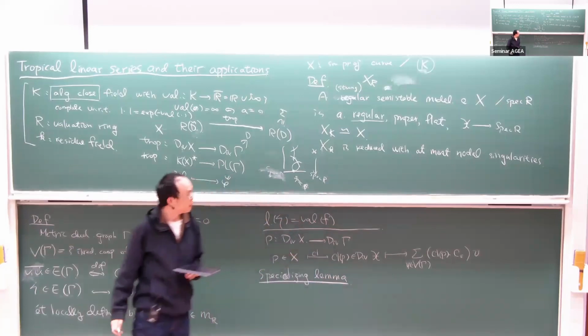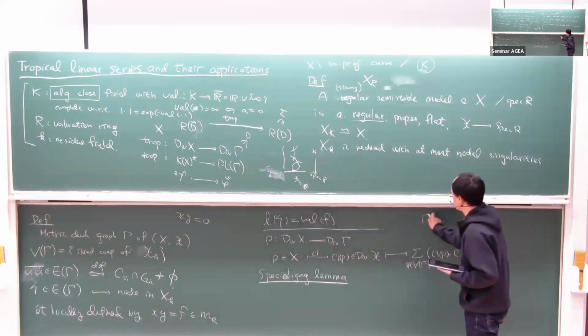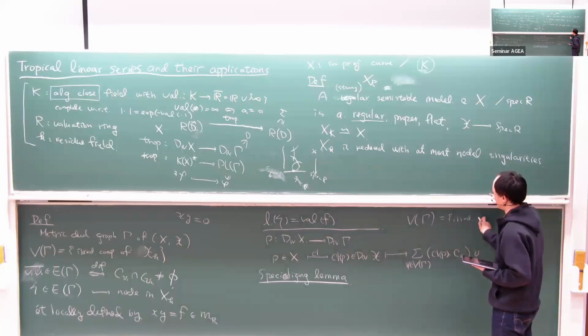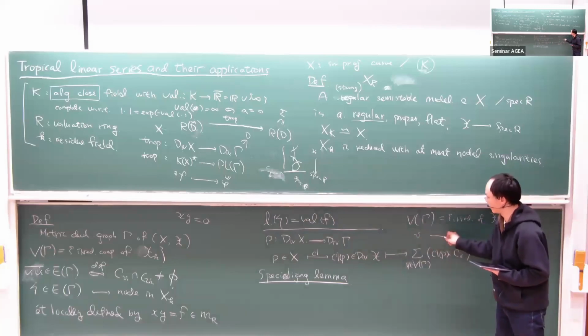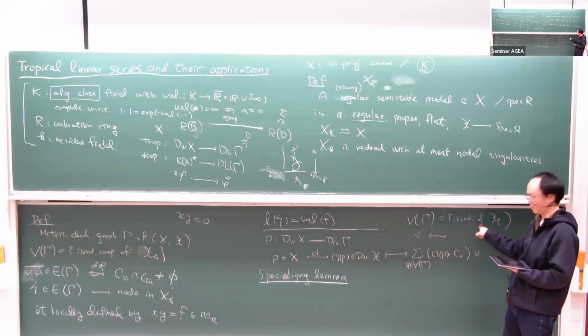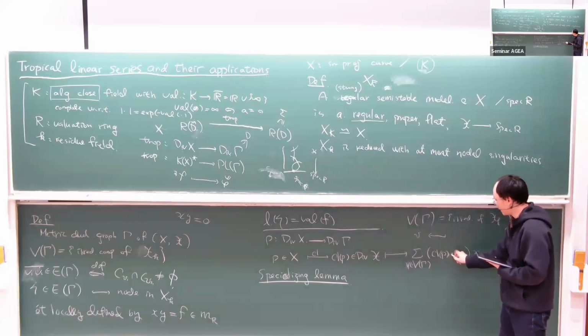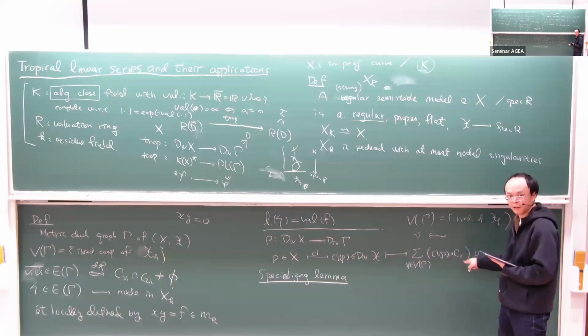Sorry, could you explain what C_V is? C_V: each vertex of the metric dual graph is an irreducible component of the special fiber, so C_V is this irreducible component. So this is the intersection number. Yes, exactly. Because this is a Cartier divisor, you can intersect it with this component.